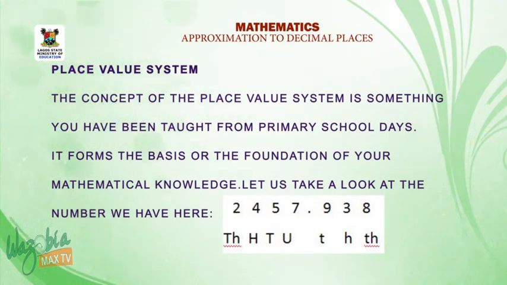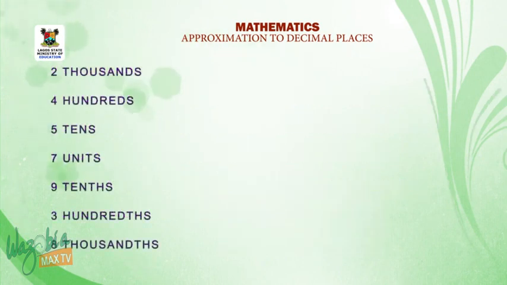Every digit in this number has its own place value as highlighted below: 2 thousands, 4 hundreds, 5 tens, 7 units, 9 tenths, 3 hundredths, and 8 thousandths.